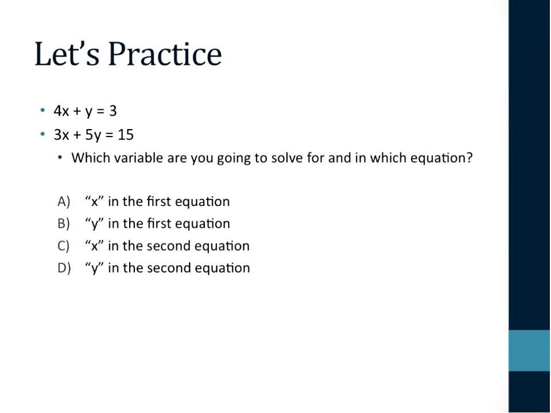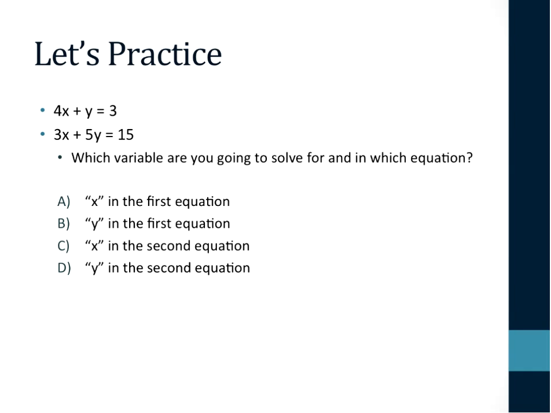So now I want us to practice, but before we practice, I want to talk a little bit more about this idea of which variable you want to solve for and in which equation. So let me set up the poll. We have A through D going on here.